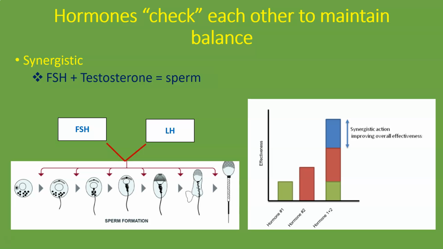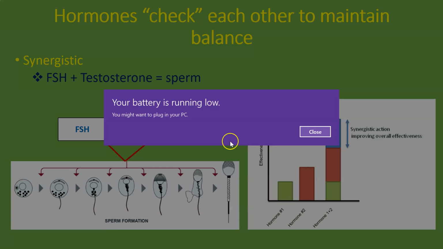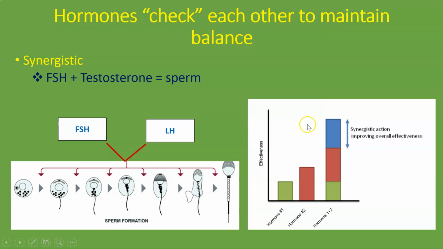So hormone number 1, hormone number 2, on their own, they are mildly effective, but then you put them together and look at how high that bar goes. The effectiveness is going to go right up. FSH and LH and testosterone, they're all going to work together. They have a synergistic relationship in order to produce sperm in the testes.